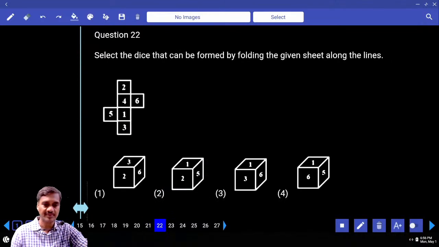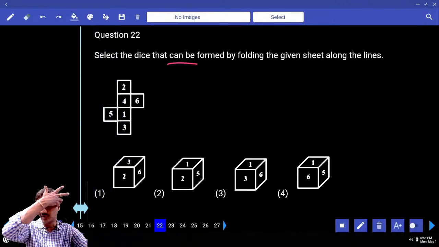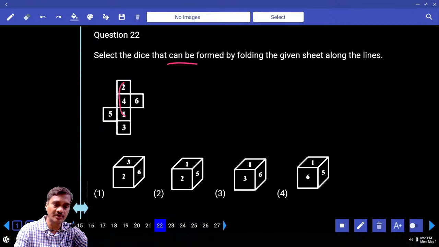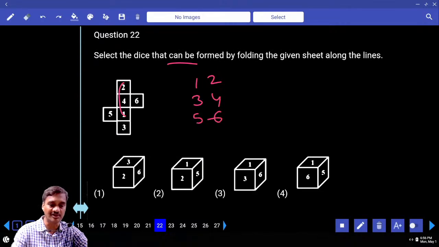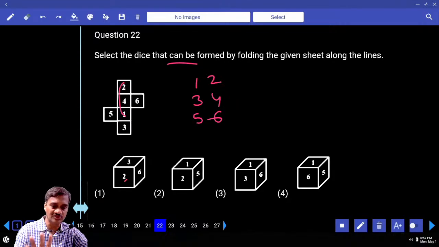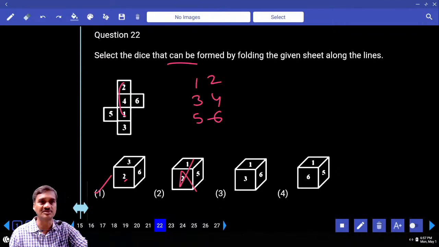Then the 22nd. Select the dice that can be formed by folding the given sheet. In this one, 1 and 2 are opposite, which means they cannot be adjacent. 3 and 4 are opposite, cannot be adjacent. 5 and 6 are opposite, cannot be adjacent. Here 2's opposite is 1, not adjacent. 3's opposite is 4, not adjacent. 6 is also fine. Hence it can be formed. Then 1, 2 and 5. In this one, 1 and 2 are opposite, cannot be adjacent.